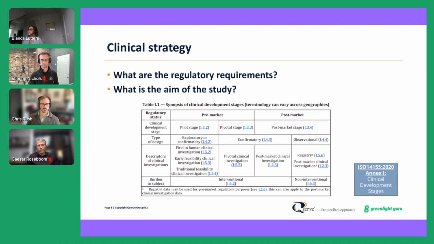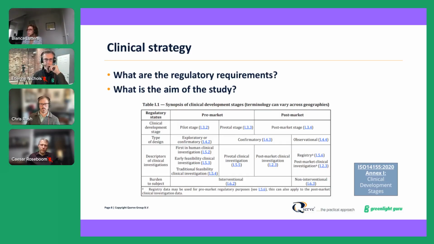The clinical strategy and clinical study design. The first question that I always ask myself at the moment I'm thinking about clinical strategy and clinical study design is, what are the regulatory requirements? Am I looking at one country or multiple countries?